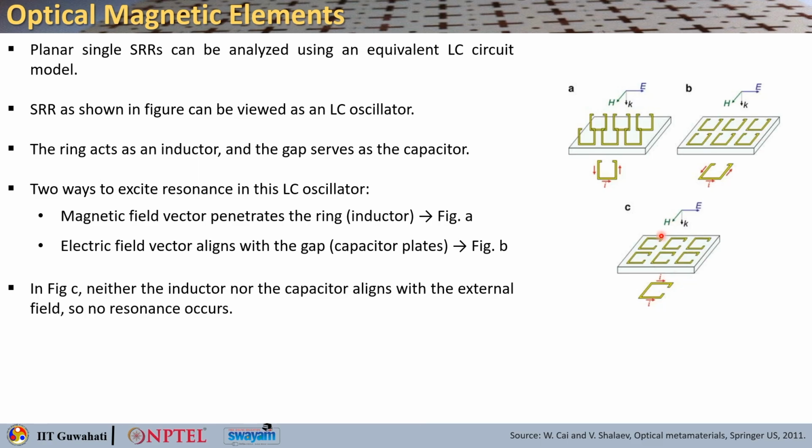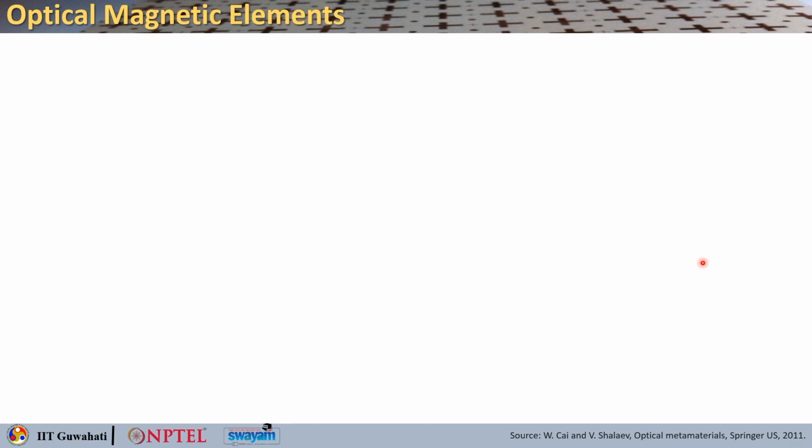Now, the third case obviously is not doing any good, okay, because in this particular case neither inductor nor capacitor aligns with the external fields, and that is why you do not see any kind of resonance from this kind of structure, right. So, what is important to remember here is that these two will give you some resonance. This is a direct excitation from magnetic field, this is an excitation of magnetic dipole from electric field, okay, but this one is not giving any resonance behavior.